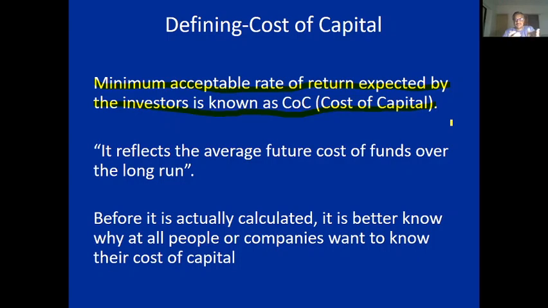Mathematics always comes late. Before that, we need to understand what exactly cost of capital is. It is a rate of return expected by the set of people who are giving the funds. There is not a single person, not a single group; there are many people belonging to different groups.